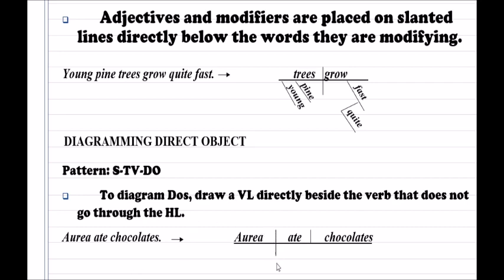Now, since there is a direct object, which is the chocolates, you have to put another vertical line in between the verb and the direct object, but it should not go through the horizontal line.